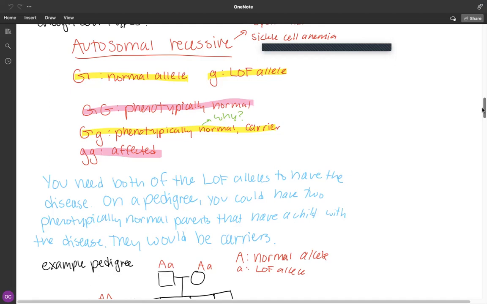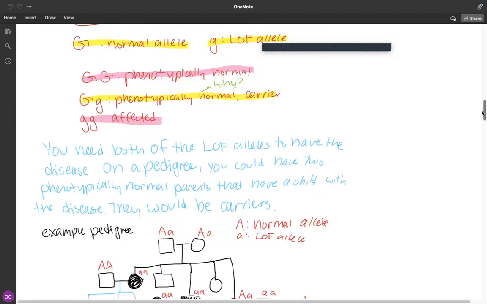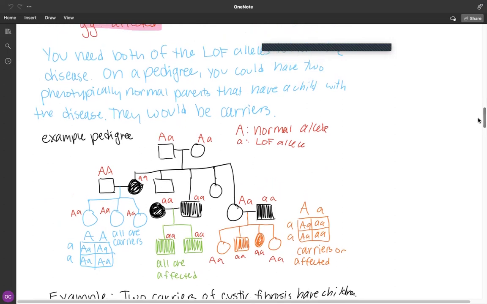On a pedigree, you could have 2 phenotypically normal parents that have a child with the disease, and then you would know that they would be carriers. So something to note when you're looking at pedigrees is if you want to figure out whether it's an autosomal recessive or autosomal dominant disease, you could look for whether an affected child has 2 unaffected parents, because remember, in a pedigree, it tells you the phenotype, not the genotype.